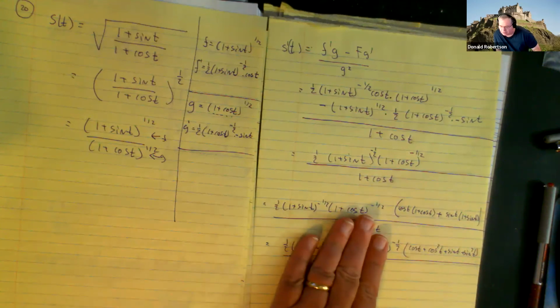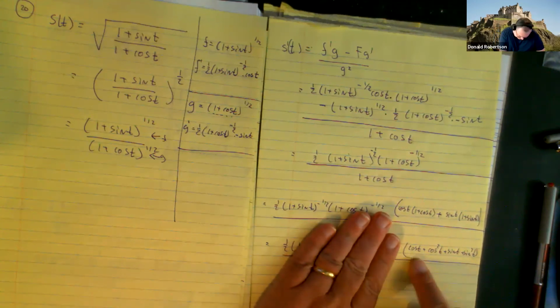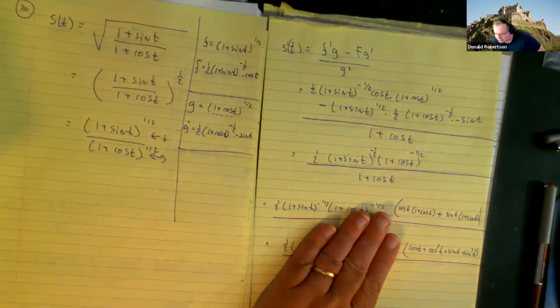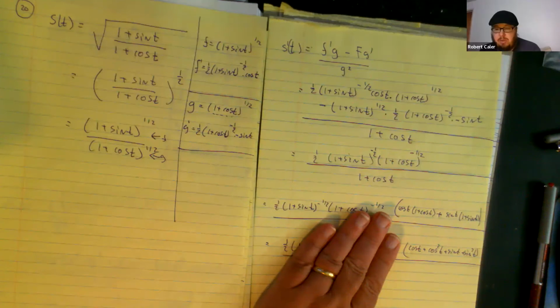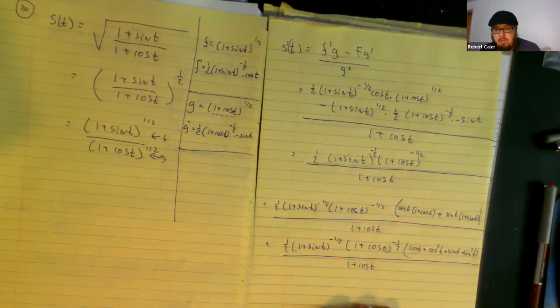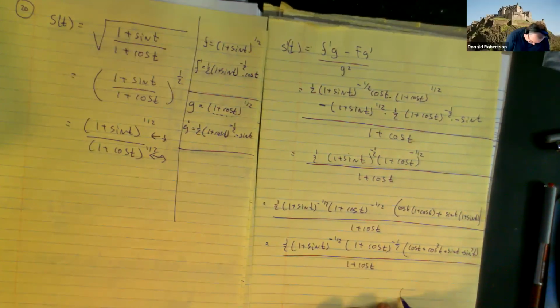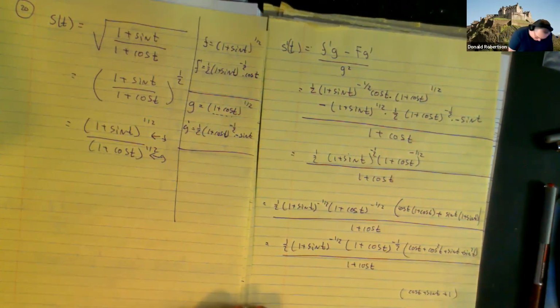Is there anything you can see in here that might simplify? Cos t plus cos squared plus sine t plus sine squared. Cosine squared plus sine squared is 1. So I'm going to get out of that piece there a cosine t plus a sine t plus a 1. You can put them in any order, that doesn't matter.